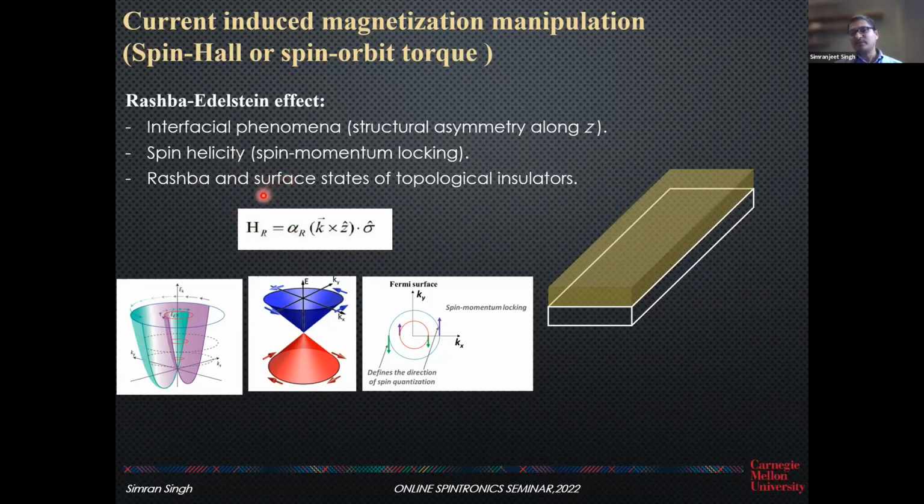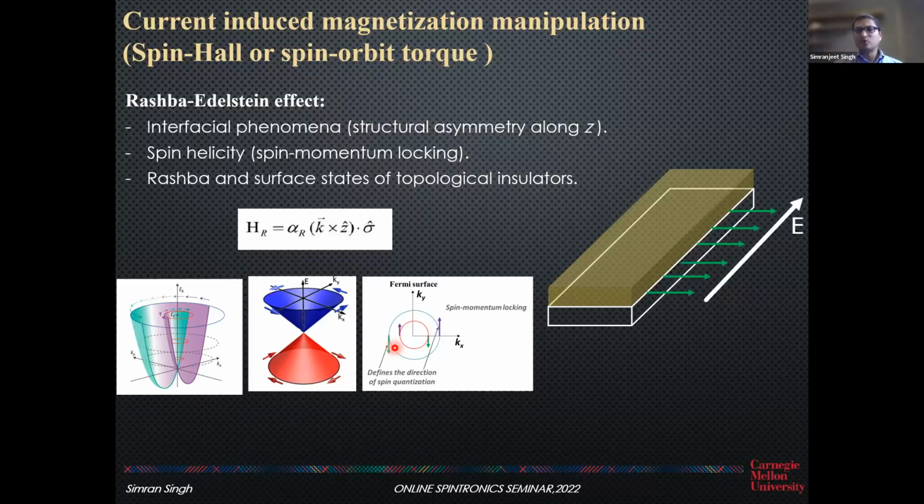What that means is that if you apply a charge current in a particular direction, and you move these Fermi contours, you automatically get spin polarization. That's what happens, for example, in the surface states of 3D topological insulators.